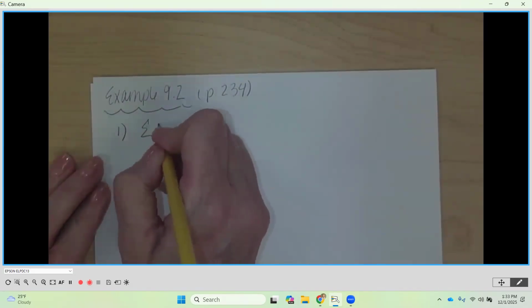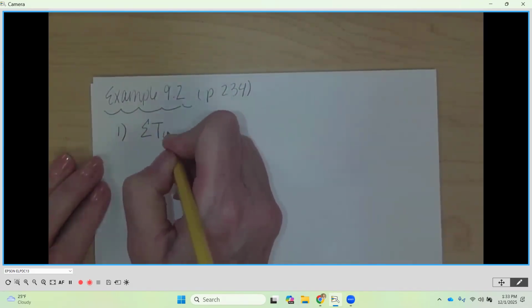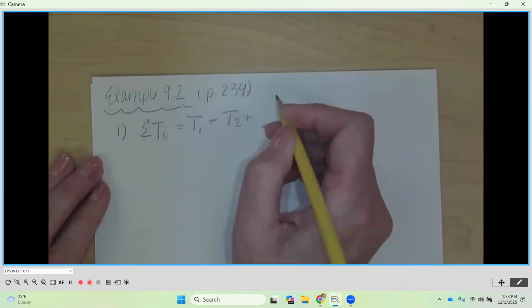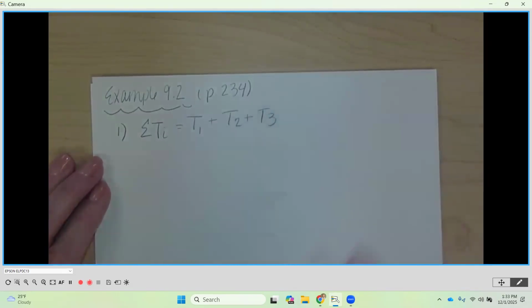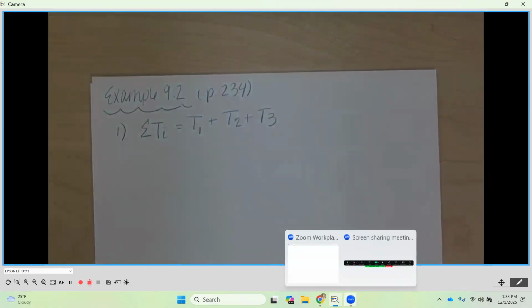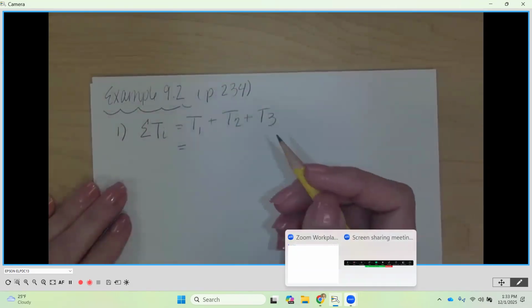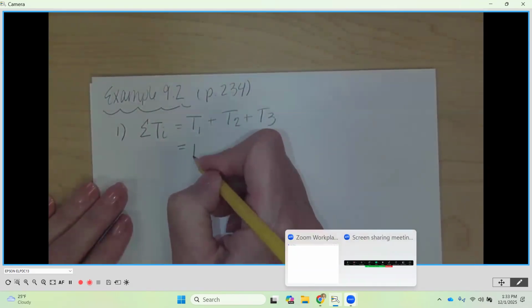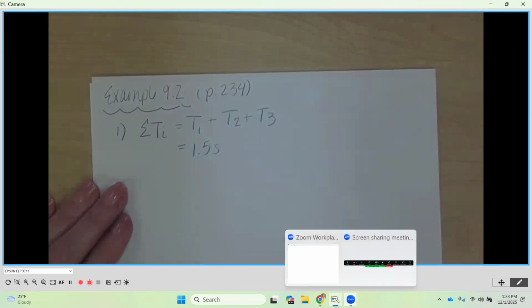Step number 1: the total time is going to be T1 plus T2 plus T3. There's just 3 steps here. There's a rise, a fall, and a dwell. The times from the problem: T1 is 1.5 seconds, when we rise 50 millimeters.